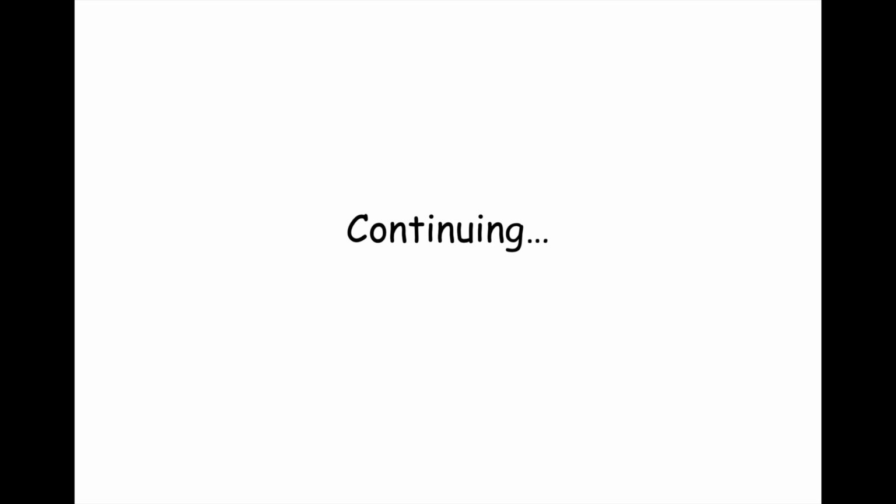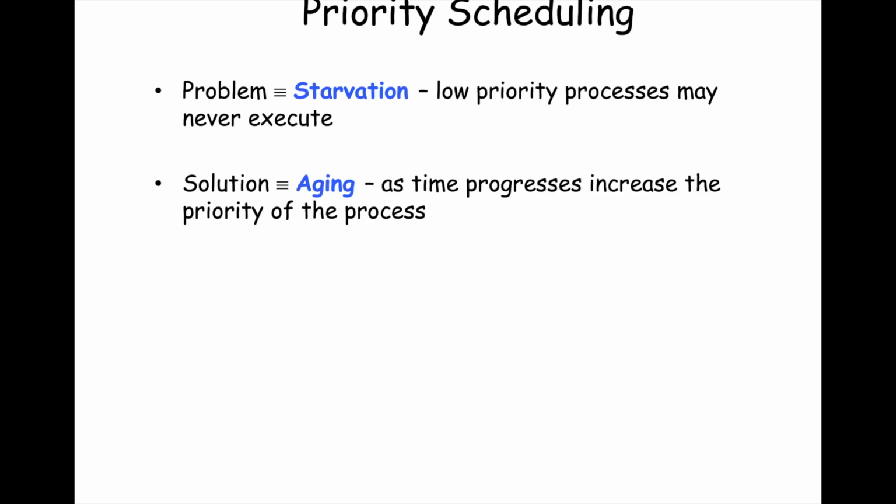So that's where we left off, and continuing from that. This problem of starvation has a solution, called aging. There are different ways of implementing aging. Essentially, what aging says is that the longer a process or thread is in the system, even if it starts as a higher priority, it's making progress because it's gotten some time from the CPU.